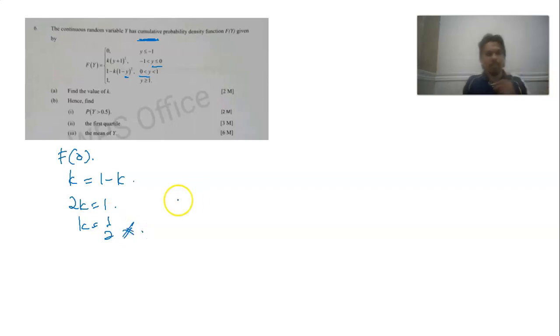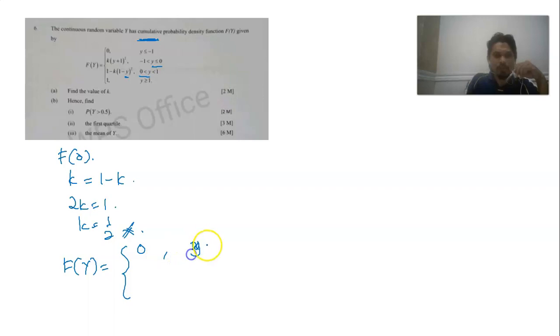There you go. So rewrite the function of this. Fy equal to 0 for y less than or equal to -1.